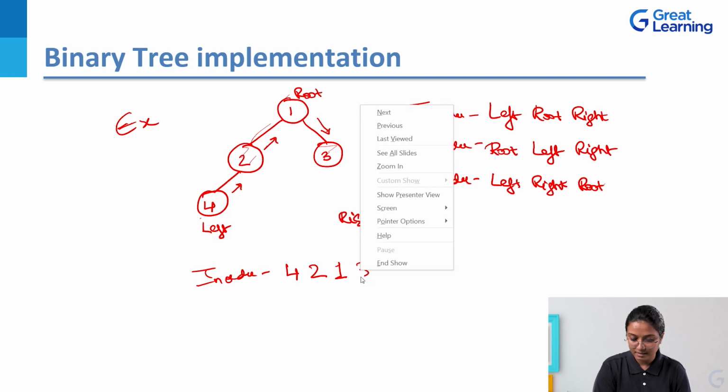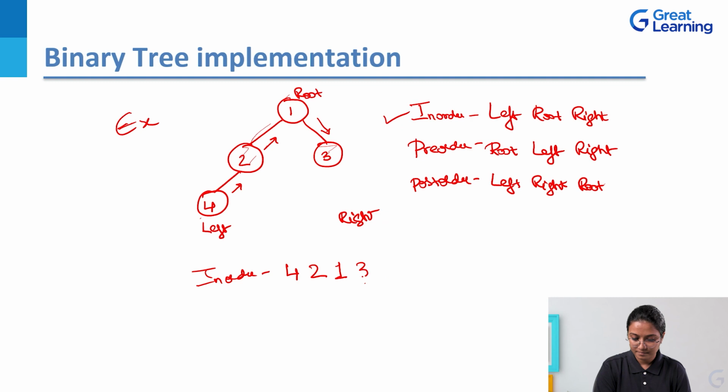We have 3. So this is how in order will work. Hope that's clear. We are starting from left, going towards the root, and coming back towards the right side.